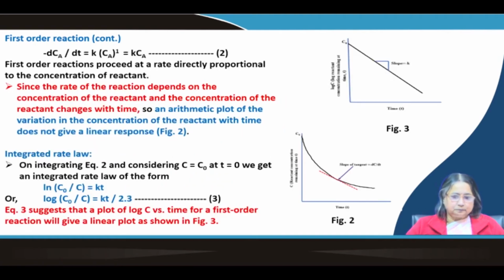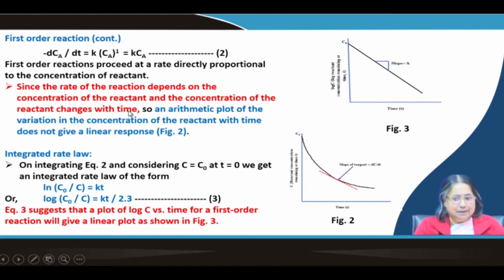Now, for first order reactions, we know the rate expression is like this. So, here you can see that a first order reaction proceeds at a rate directly proportional to the concentration of the reactant. From the rate expression we get this, but this point is very important: the rate of the reaction depends on the concentration of the reactant, and the concentration of the reactant changes with time, okay.